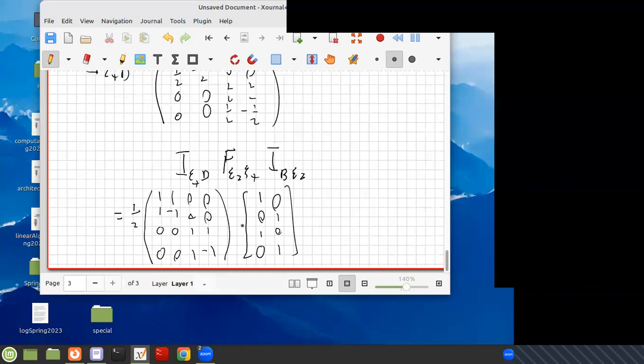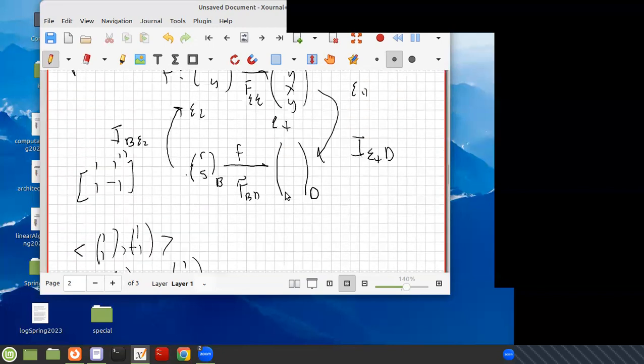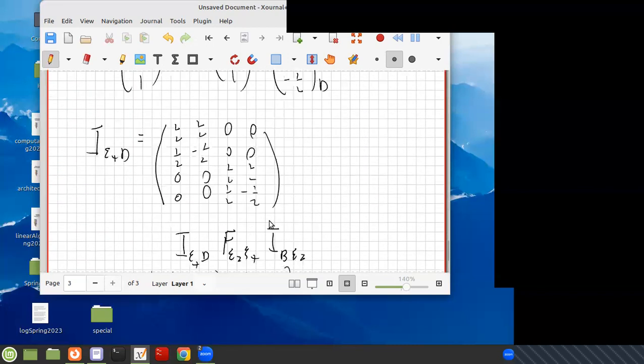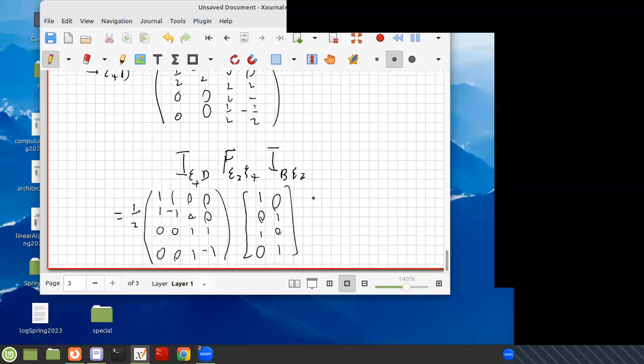This is a 4x4 and a 4x2. This is going to be a 4x2. And over here, I have to put the other matrix, the E2, which is just 1, 1, 1, minus 1. This is this one.